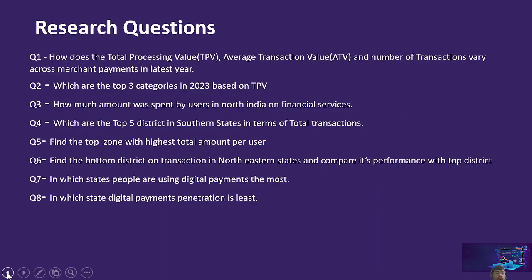Now let's look at another question. Find the top zone with highest total amount per user. Okay, we have answered this. Find the bottom district on transaction in northeastern state and compare its performance with the top district.